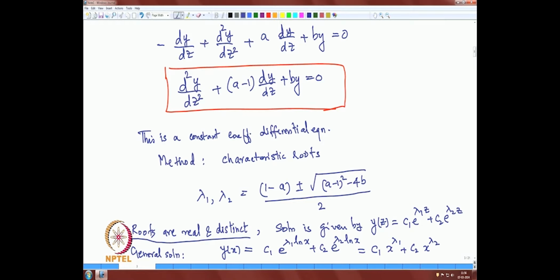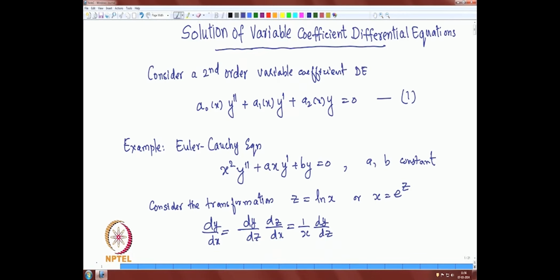Okay, this is a situation where the differential equation has a very special form. Now we are going to deal with a differential equation in a general form, that is a0x y double prime plus a1x y prime plus a2x y is equal to 0.